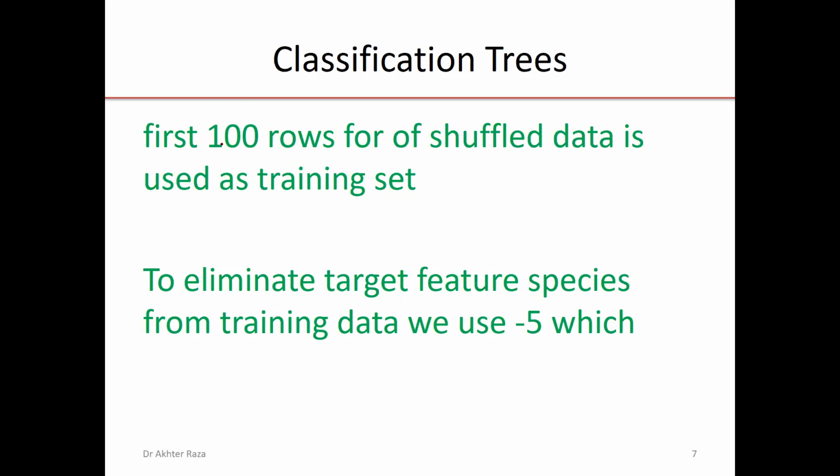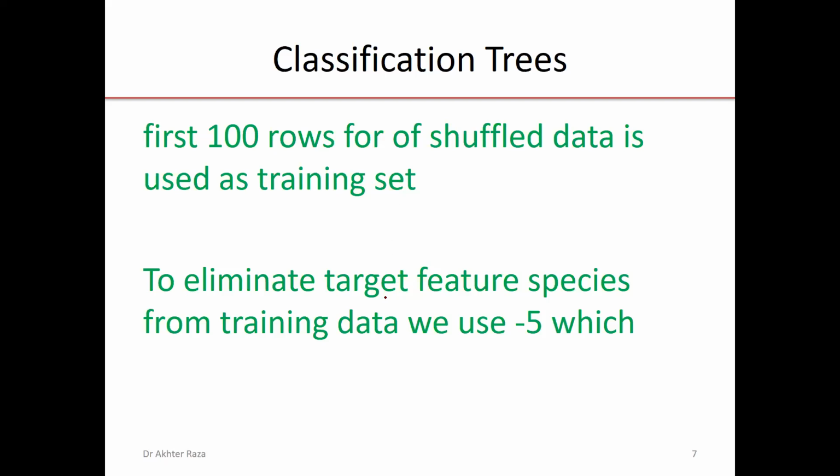Randomly, 100 rows are taken into a new training data set, and the remaining 50 rows are stored in a testing data set. As you are all familiar, for machine learning models we generally use the training data set to train the model and the testing data set to check the accuracy of the model. So we have two sets of data.